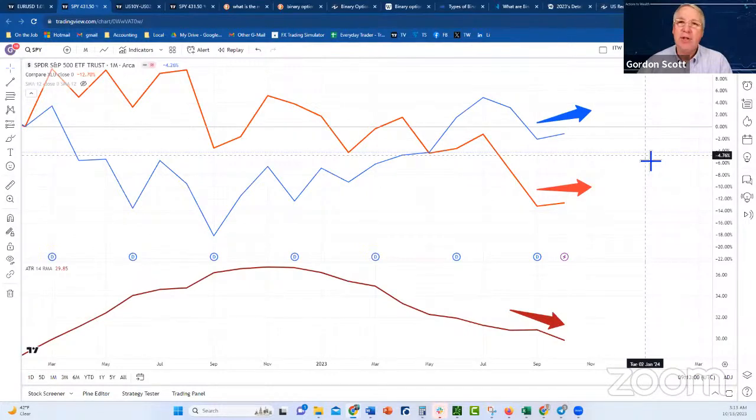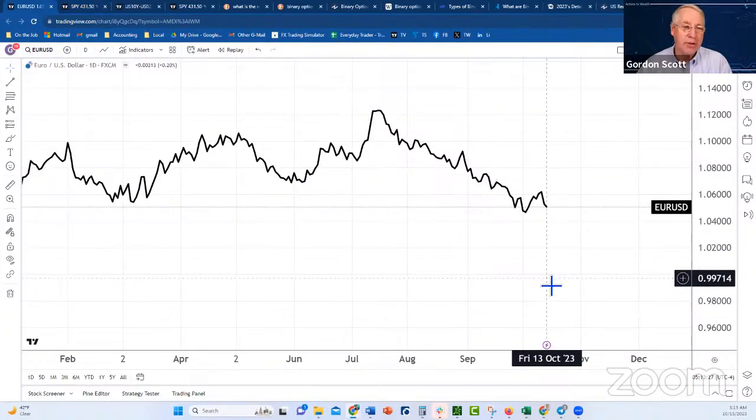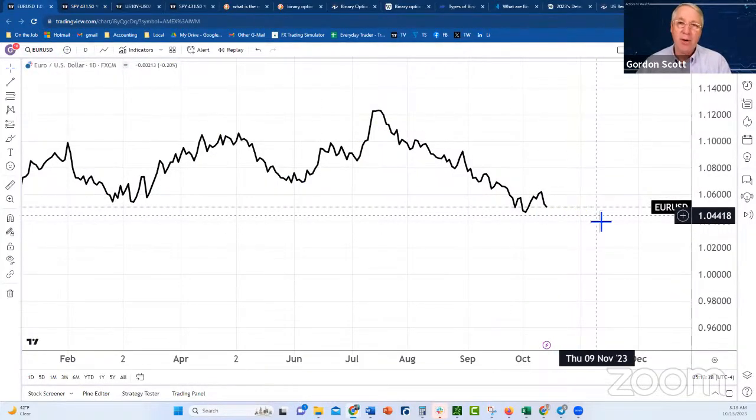So I think that even though we are trending lower in the S&P 500, because we're not really showing conditions ready for a bear market, I think that we're going to see some sort of low be put in within the next month or two, and that low is going to be a very good buying opportunity for U.S. stocks. When that comes, it will probably also be a good turn for the euro, but we're not there yet.